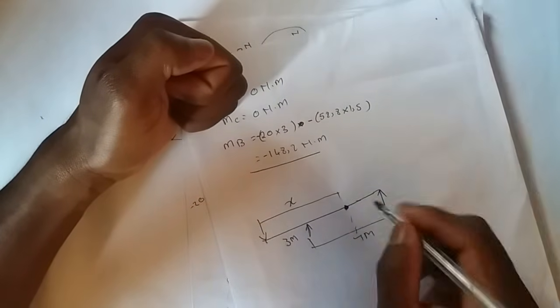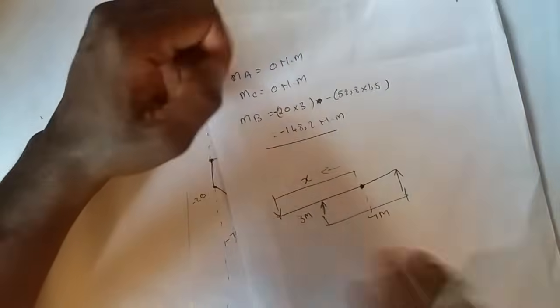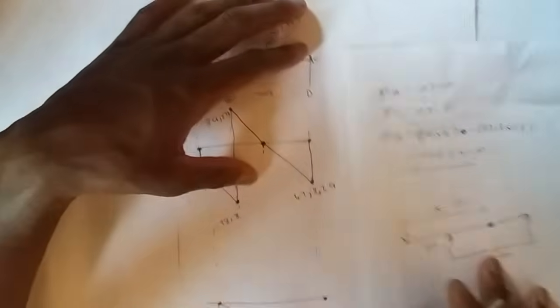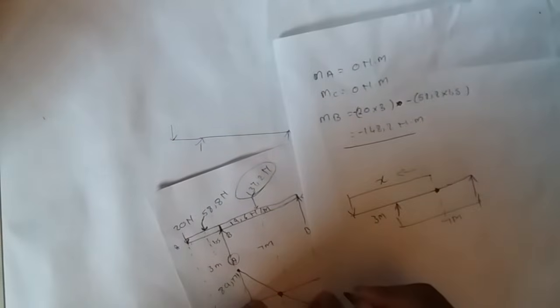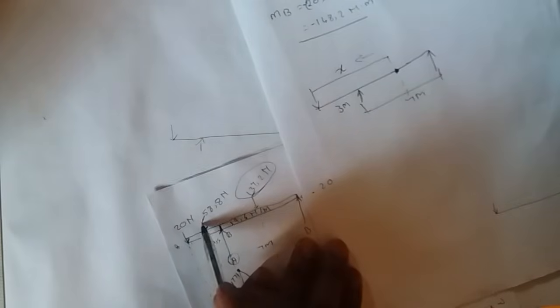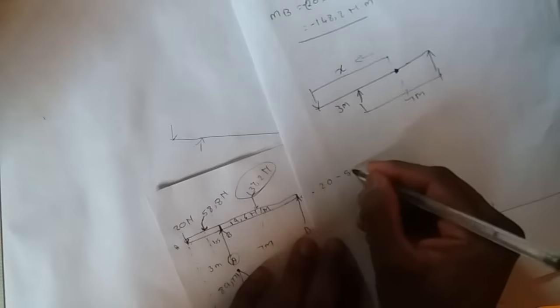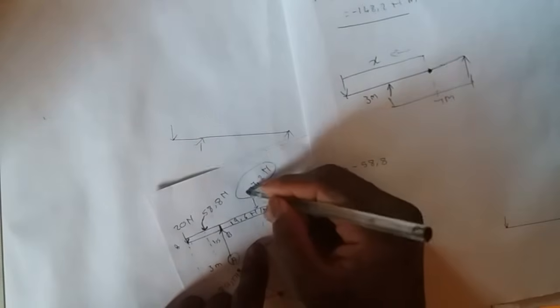From this point we will add every force in this direction, starting with, we know that this is our beam, we have 20 newtons, and our 20 newtons will be negative, a negative 20 newtons. And then we also have our 58.8, which is also negative. And then now we know that our force is somewhere here.